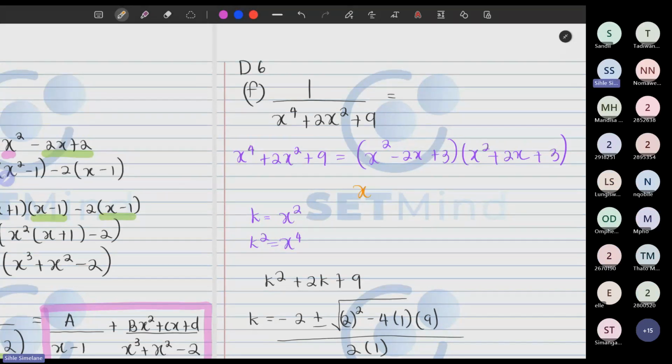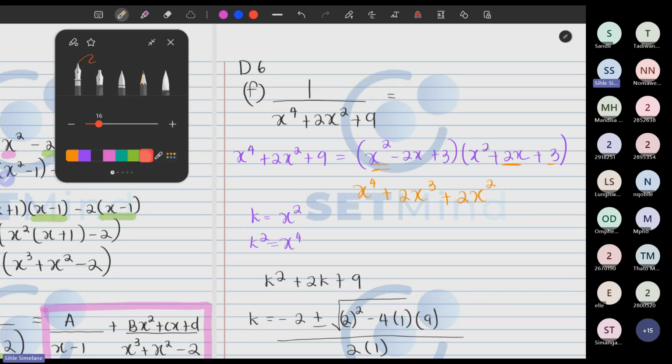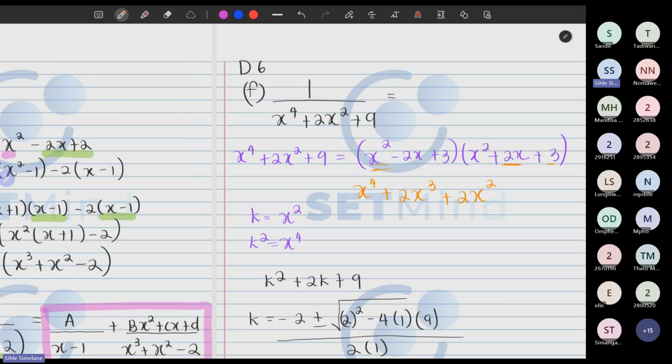So if we quickly FOIL, you'll have x to the 4, and then that will give you 2x cubed. That and that will give us plus 2x squared. I just want to test what they are saying here because it's very odd. Then that times that will be minus 2x cubed, and that times that will be minus 4x squared.